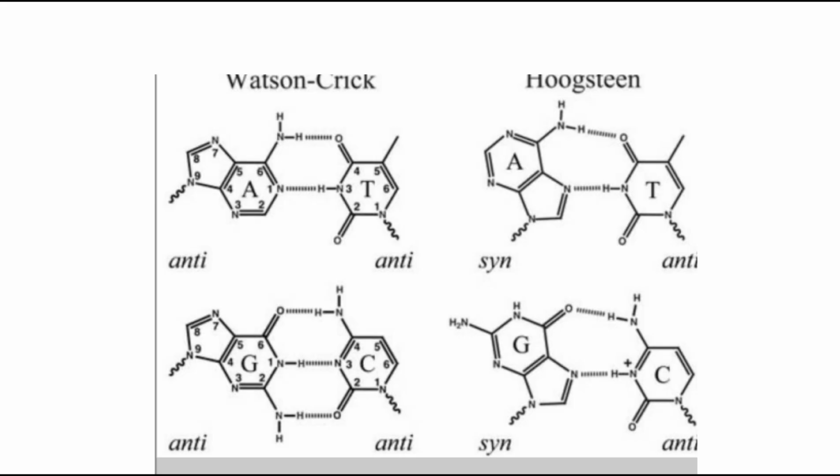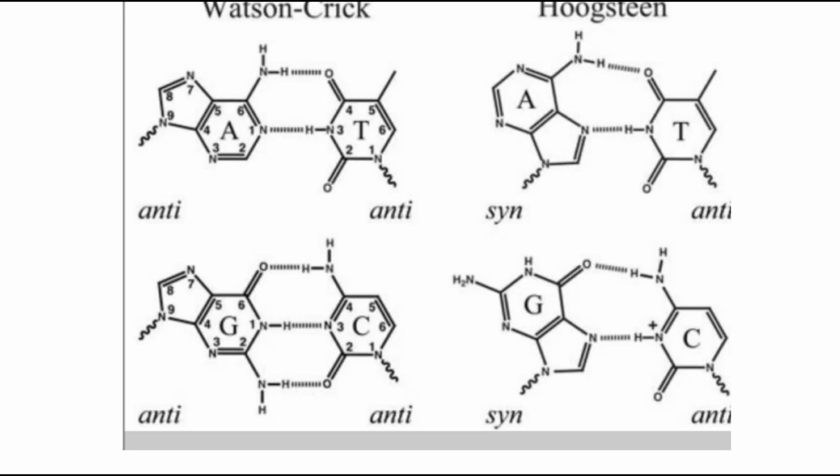Whereas GC Hoogsteen pairing is common in triplex DNA and at lower pH, where cytosine gets protonated, that is C plus, and guanine uses N7 and cytosine uses N3.